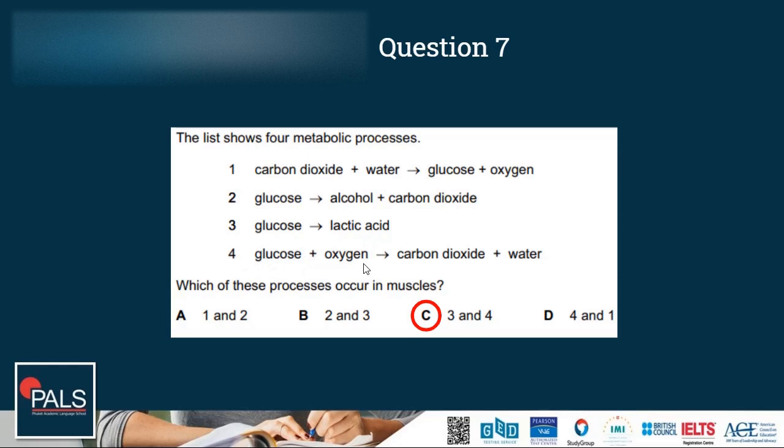And if there is enough oxygen present in the muscle, it will conduct, as usual, aerobic respiration. Number 2 is alcoholic fermentation. We are not able to do this. This happens in yeast. And the first equation is the opposite of respiration, photosynthesis.